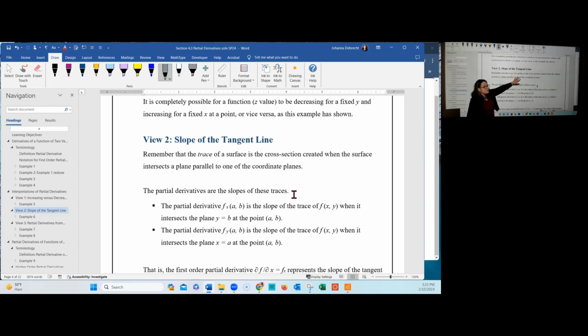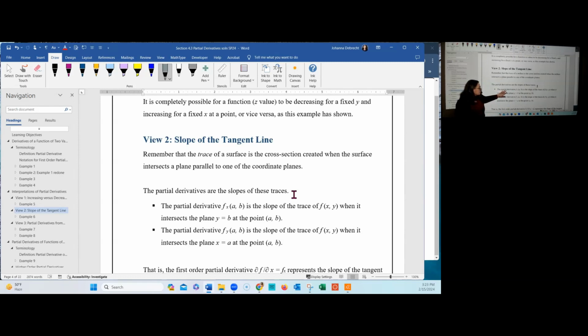Remember that the trace of a surface is the cross-section created when the surface intersects a plane parallel to one of the coordinate planes. So it's sort of like an image of an intersection of two surfaces. The partial derivatives are the slopes of these traces.